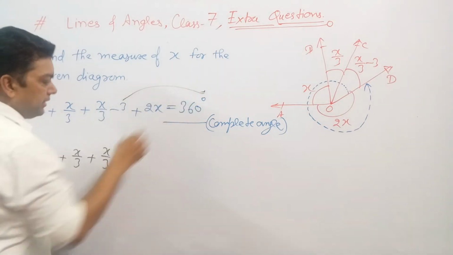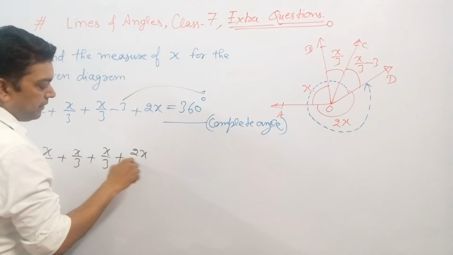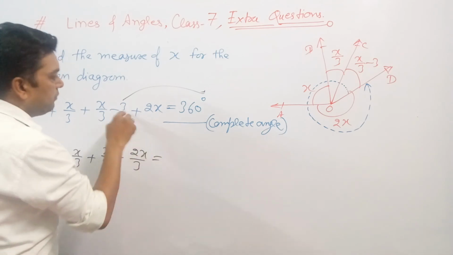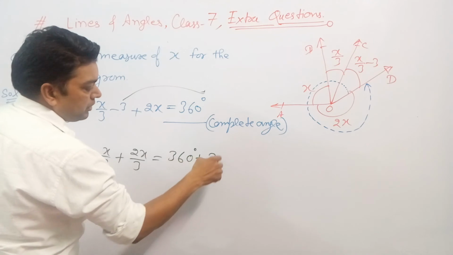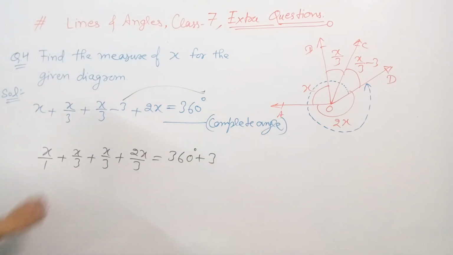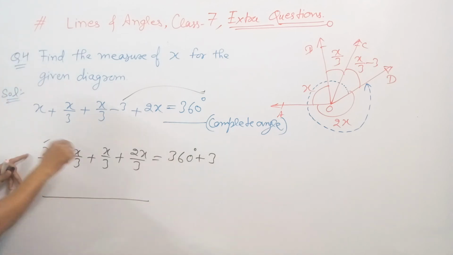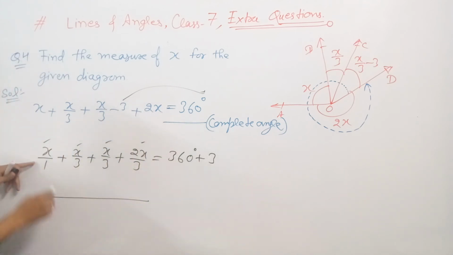Put 1 in the denominator of x, plus x by 3 plus x by 3 plus 2x by 1. Take this 3 to the right side, so it will become positive, and I get 360 degrees plus 3. Now take the LCM of all these variable terms, that is 3. Divide 3 by 1, you get 3, multiply this by x, 3x.